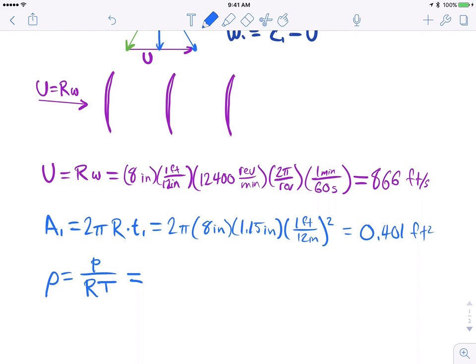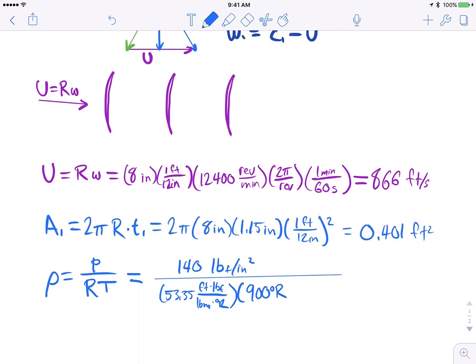We know we have a pressure of 140 psi, so pounds force per inch squared, and we're dividing by our ideal gas constant, 53.35, with units of feet pounds force per pound mass degrees Rankine, and multiplying by our temperature, which was given to us as 900 degrees Rankine.